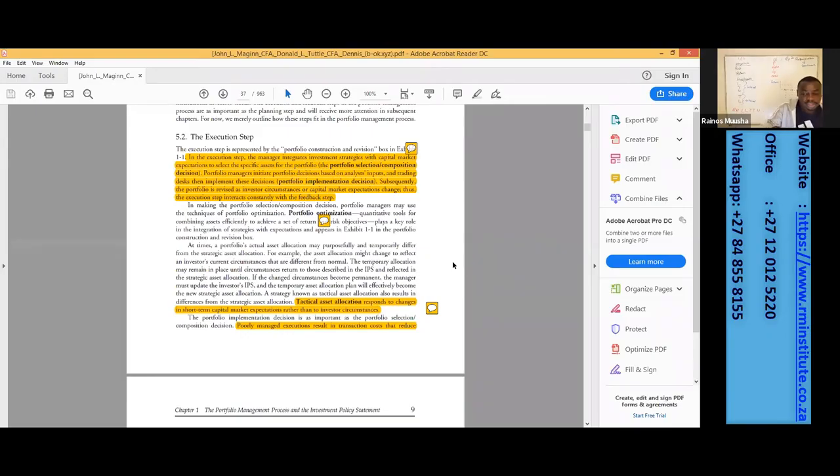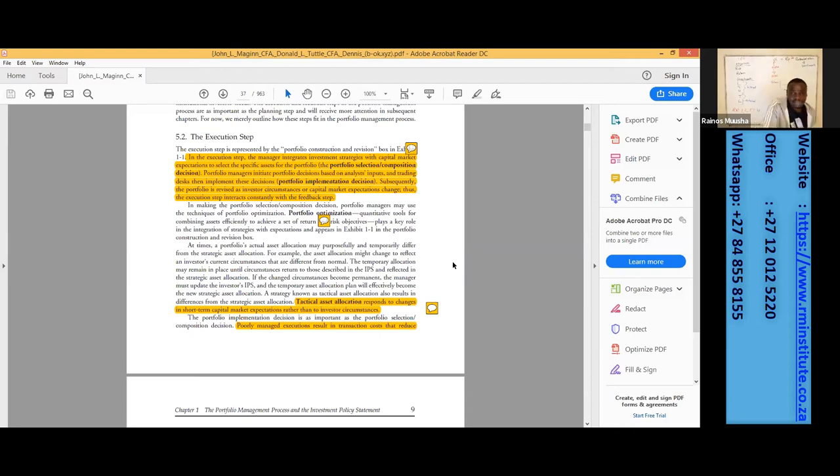So they are now going to be shifting from what they want to be able to achieve when you look at the strategic asset allocation, by moving away temporarily from the strategic asset allocation, going back to the tactical asset allocation, where they're now going to be saying, let's rather, if we are going to be approaching, for example, a recession, or we are going to be seeing that our equity portfolio is going to be negatively affected by the pandemic, mainly because of the composition of our portfolio, that's when they can now shift some of their portfolios, where they can now quickly sell some of the assets which make up their portfolio and invest that money in lower risk type of investments.